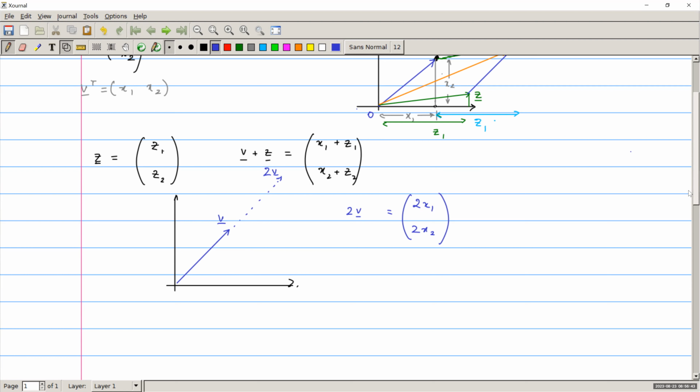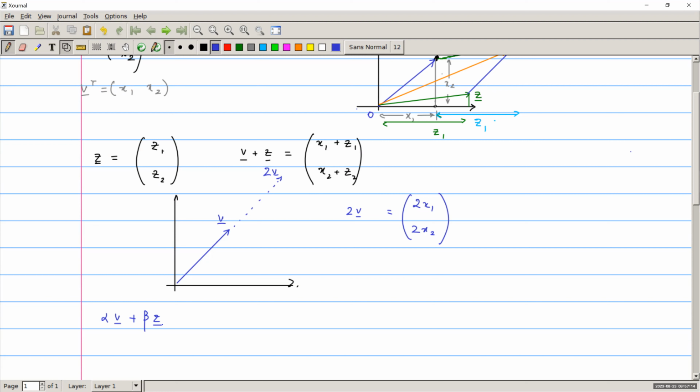We all know how to scale vectors. We all know how to add vectors. Now you can put the 2 of them together, and when you do, it's called a linear combination. A linear combination would be something like alpha times v plus beta times z: you scale the first vector by alpha, you scale the second vector by beta, you get 2 new vectors and you add them.